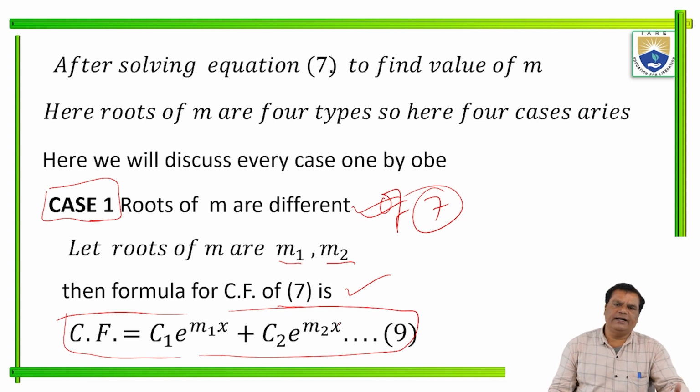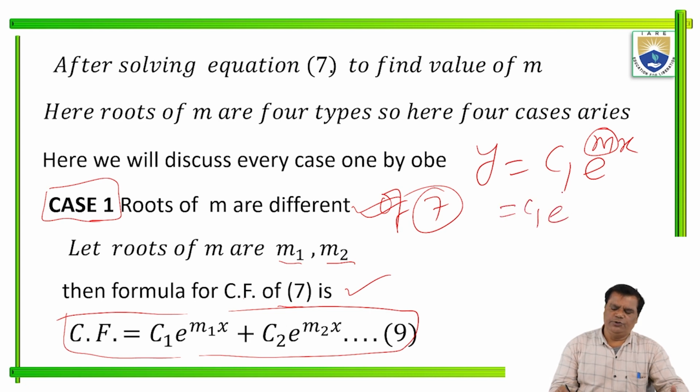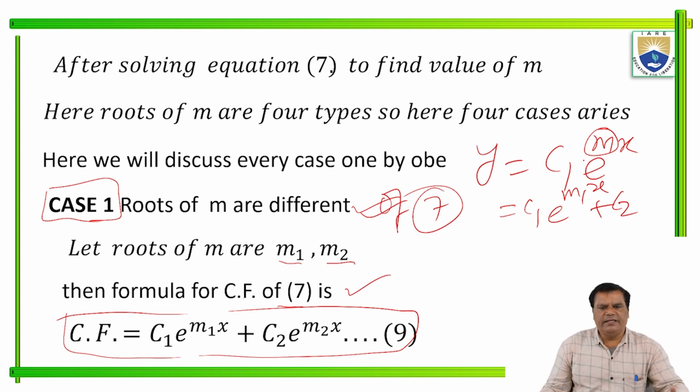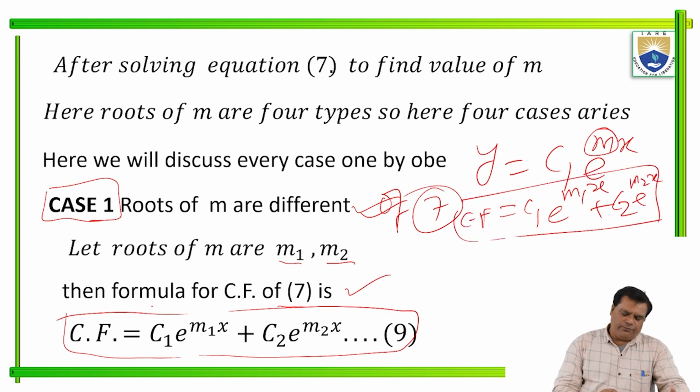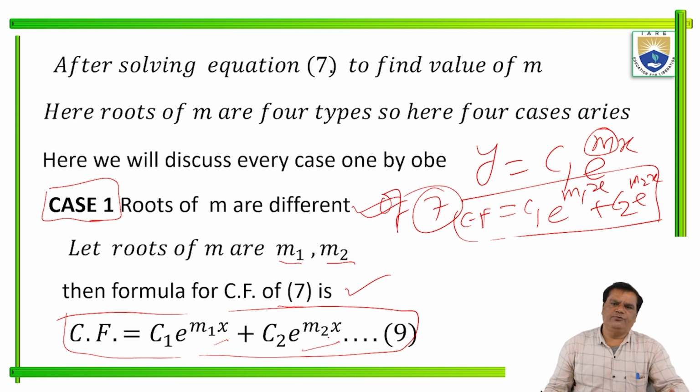How can we write this formula? We considered the solution y equal to c1 e to the power mx. But m has two values here, so the first solution is c1 e to the power m1x, and the second value of m gives the second solution, c2 e to the power m2x.